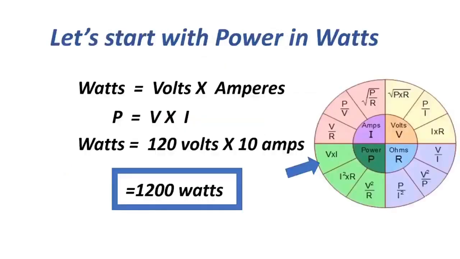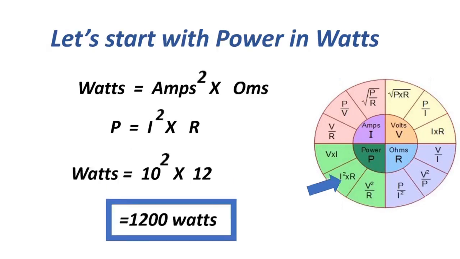Let's start with the power in watts. Watts equals volts times amperes, or P equals V times I, equals 120 volts times 10 amperes equals 1200 watts. The next formula for power: watts equals amps squared times ohms, or P equals I squared times R, equals 10 squared or 100 times 12.